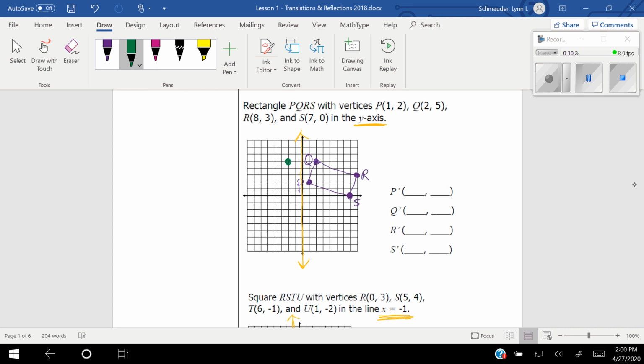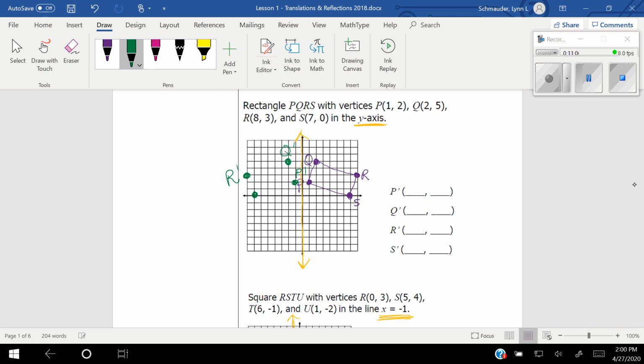So Q prime, going to come over here. P prime, going to come over here. R prime, let's see, R is at 8, so it's going to come over to negative 8. And S is over there at 7. So it's going to be over here at negative 7.